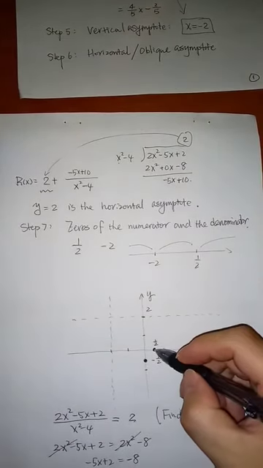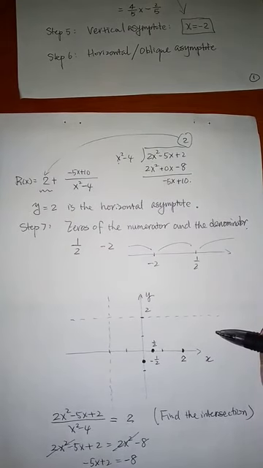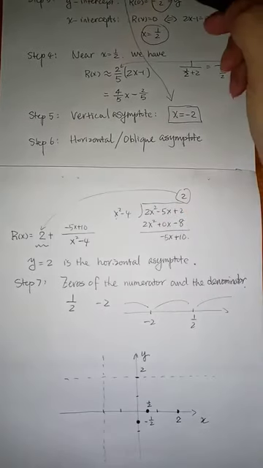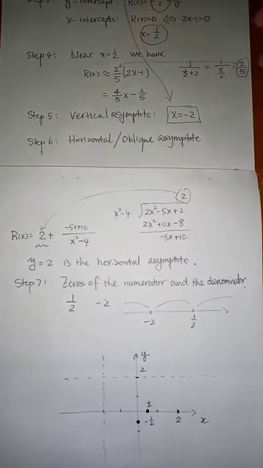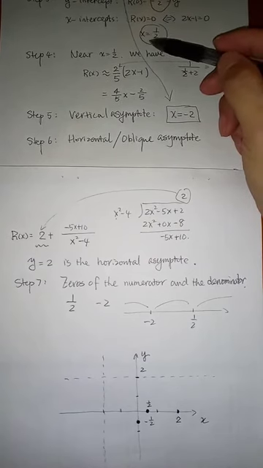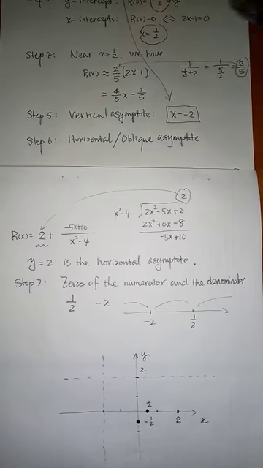We have 1/2 and I don't want to make a mistake. Sorry, the y-intercept is negative 1/2, the x-intercept is 1/2. Yeah, it's correct. There's no mistake.